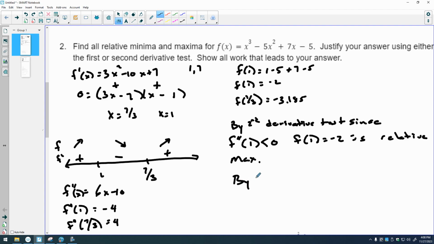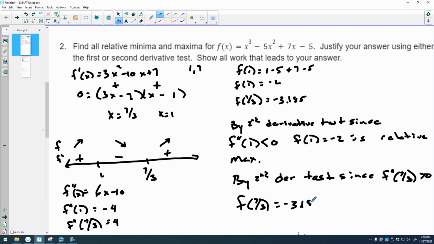By second derivative test, since f double prime of 7/3 is greater than 0, f of 7/3 equals negative 3.185 is a relative min.